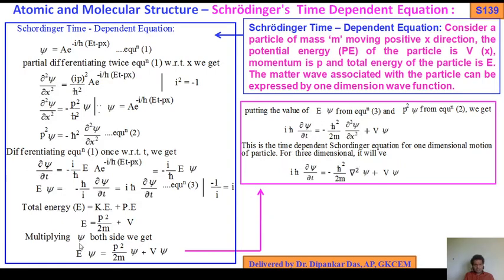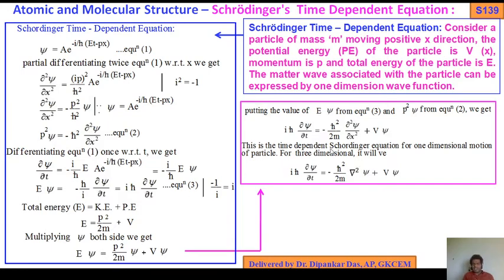This is the value of E psi from equation 3. And this term comes from p square psi, with twice m already present in the denominator, plus V psi.